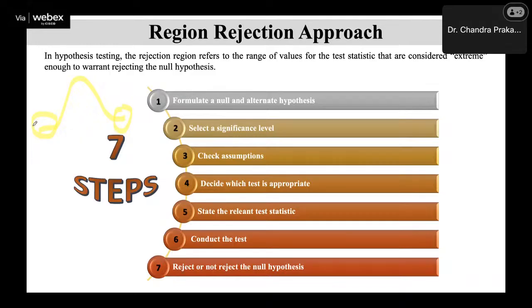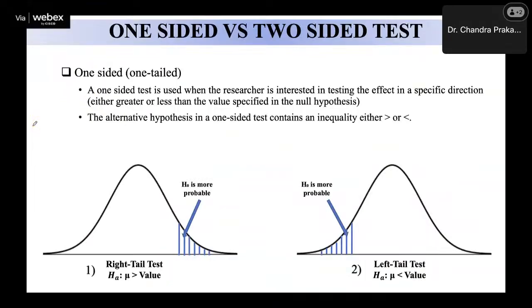So we formulate a null hypothesis and an alternative hypothesis, select a significance level, check the assumptions, decide which test to apply based on the number of samples, then state the relevant test statistic, conduct the test, and then reject or fail to reject the null hypothesis.